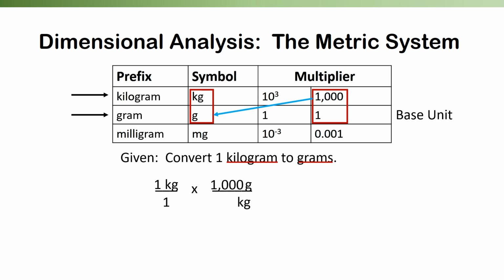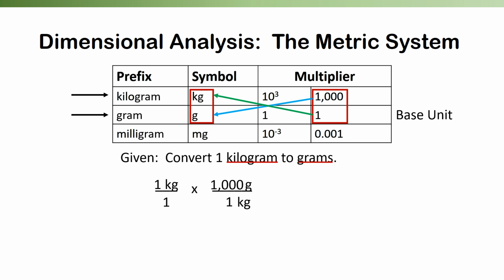And then next we're going to go to the multiplier for gram, which is 1, and plug that into kilogram, so that in our denominator we have 1 kilogram. And basically with this little sleight of hand, you've created a conversion factor that's going to help us solve our problem. So let's finish working our problem.